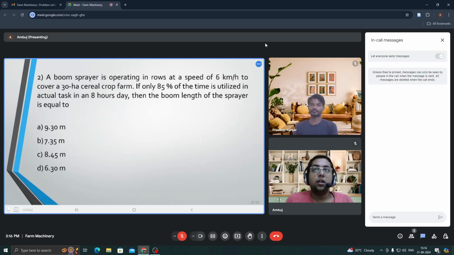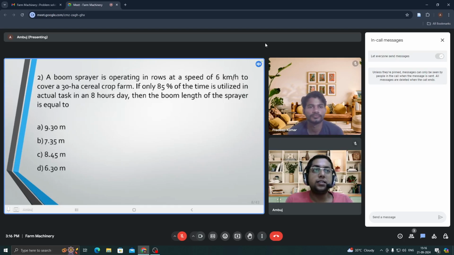Yes, this question. A boom sprayer is operating in rows at a speed of 6 kilometers per hour and it covers a 30-hectare cereal crop farm. If only 85% of the time is utilized in actual task in an 8-hour day, then the boom length of the sprayer is equal to. So see here, actual field capacity and theoretical field capacity, these are the concepts you have to use.